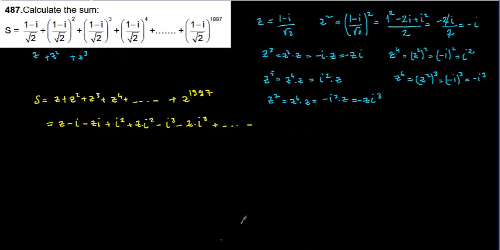Now I'm going to find the last terms, which are equal to ((1 minus i) over root 2) to the power of 1996, so it's going to be equal to z to the power of 1996. As you see, the terms z squared, z to the power of 4, z to the power of 6 are all related to z squared: z squared to the power of 2, z squared to the power of 3.